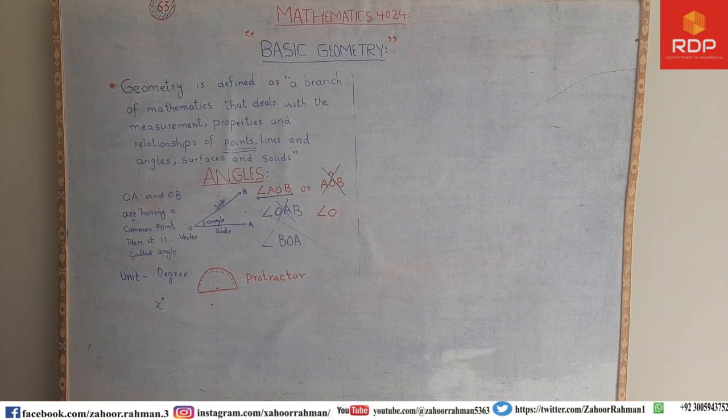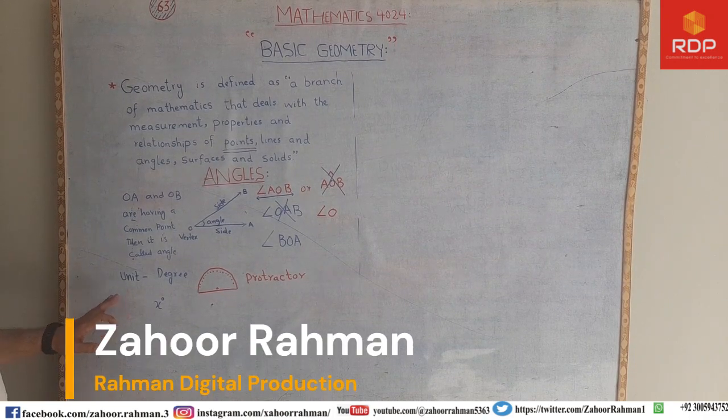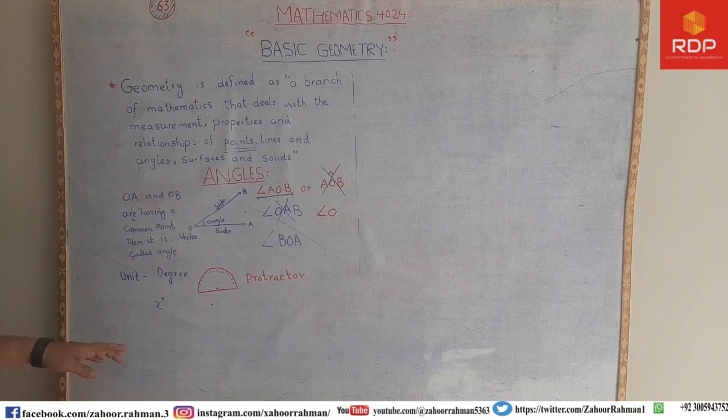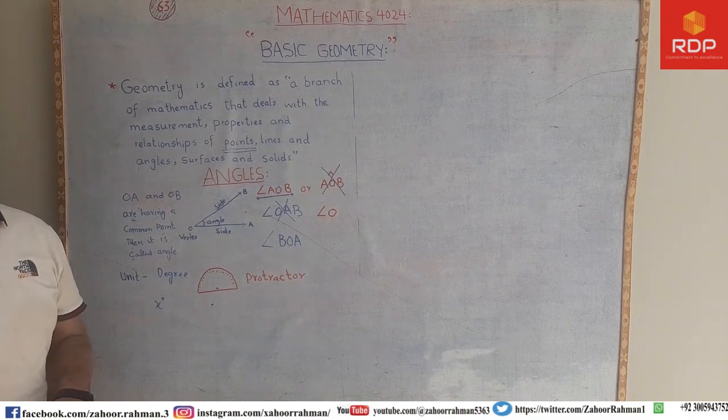This is the standard unit. There are many other units of measurement, and we will learn that in book number 3, how many different measurement units we can use. For the time being, remember that if we are measuring the angle, then it is in degree. Okay, that was the whole story.